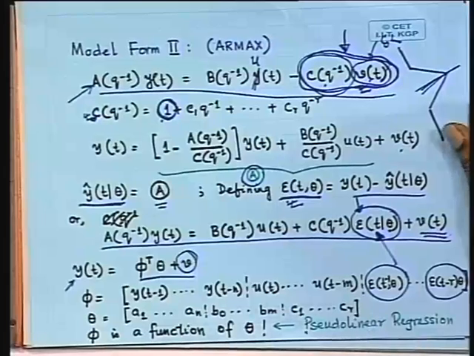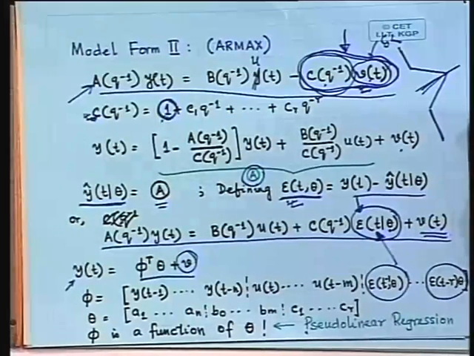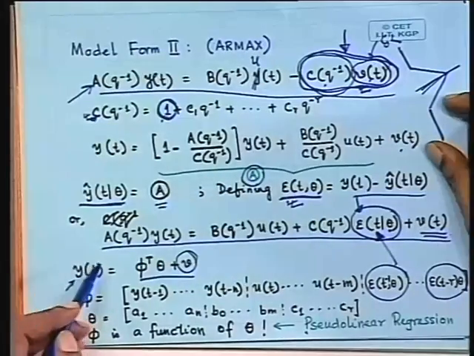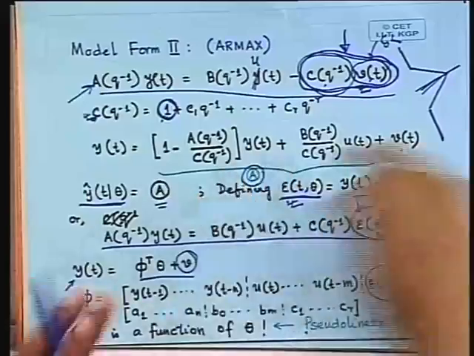That is why it is called pseudo linear regression. It looks like linear, but actually it is not linear. But anyway, at least you have done something. You have tried to model this thing, and you have put whatever best you know about theta to be able to compute it in a phi transpose theta form.